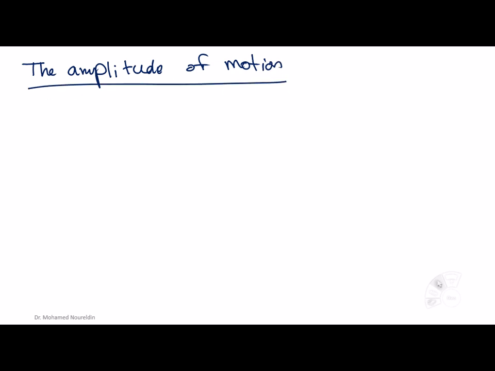So I want only to finish with the amplitude. We call it the amplitude of motion. This amplitude of motion is going to describe the relation between A and B. So we're going to put here u node, and here v node over omega.